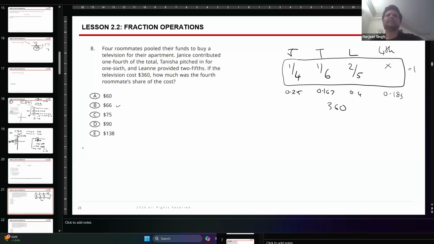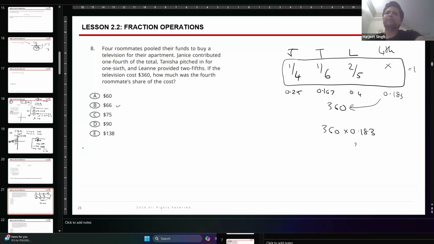Yes, 66 is the answer. Whenever you have fractions, you know that the sum total will always be 1. So if one fraction is unknown, you can find that. And the total is 360. So the share will be 360 into 0.183.